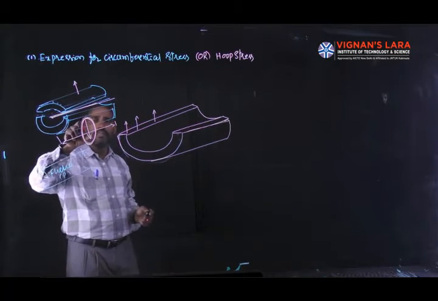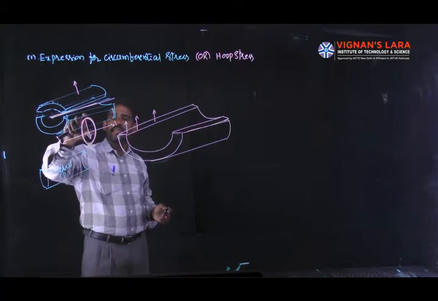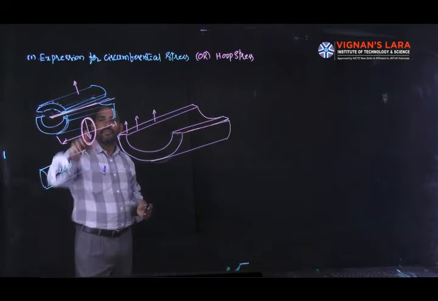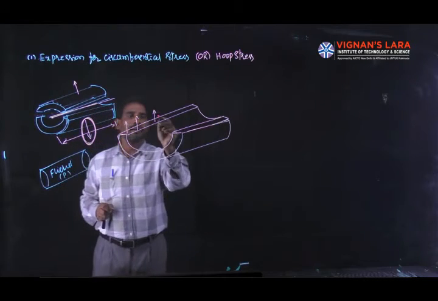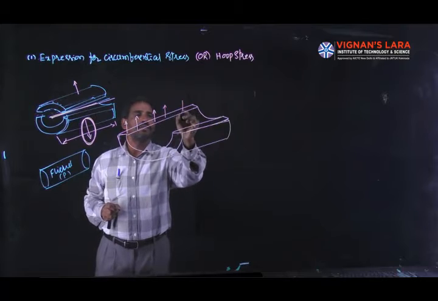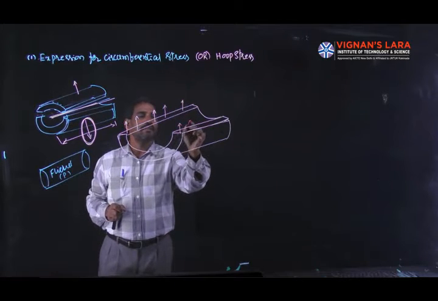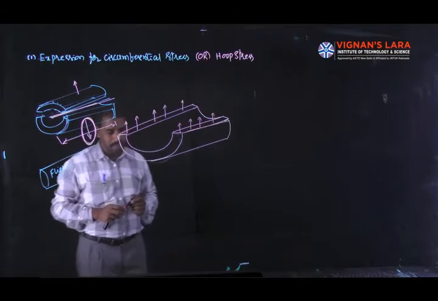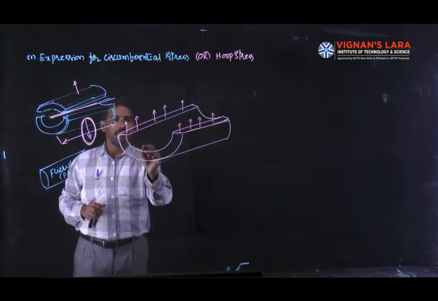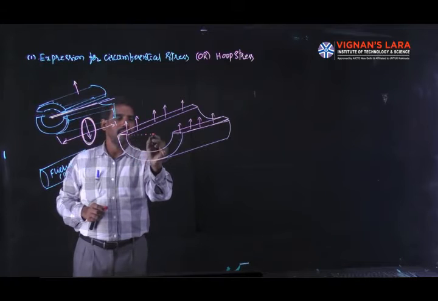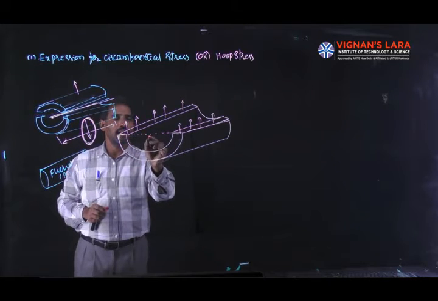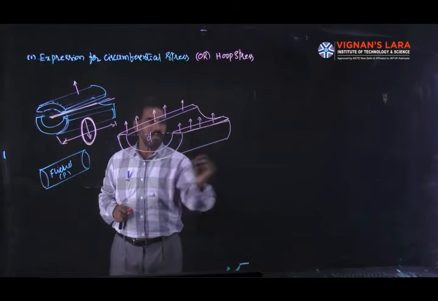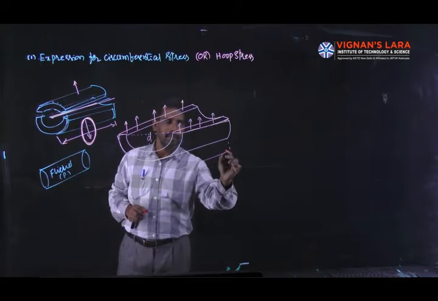For the equilibrium condition, an equal amount of force is exerted by the material. This is the stress induced in the material. In which area is the stress induced? This is the diameter of the cylindrical shell, this is the center, and this is the length of the cylindrical shell.